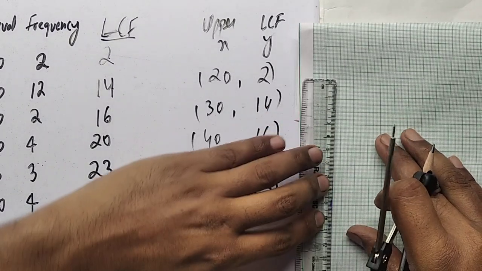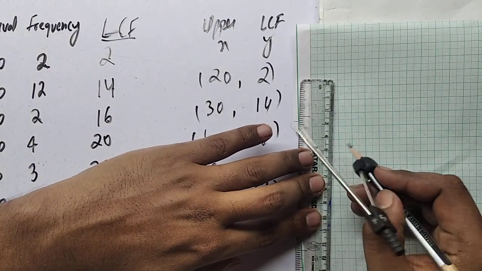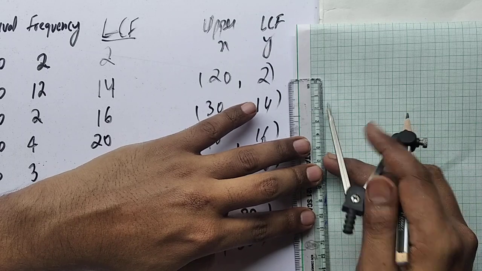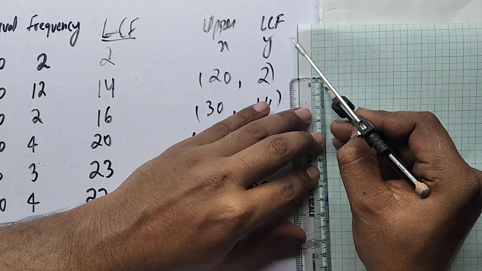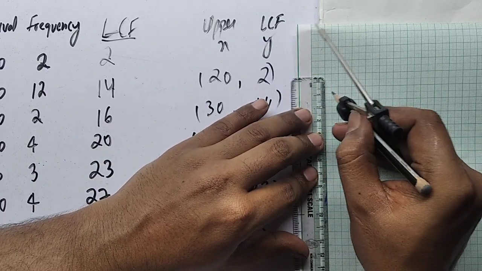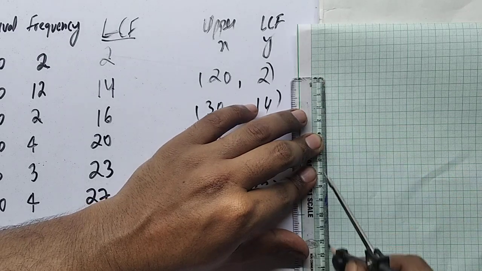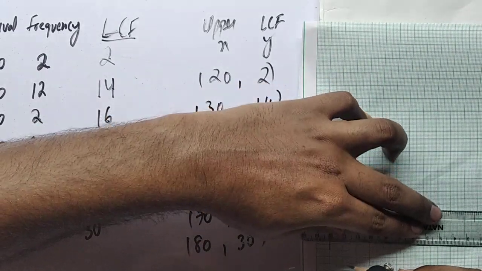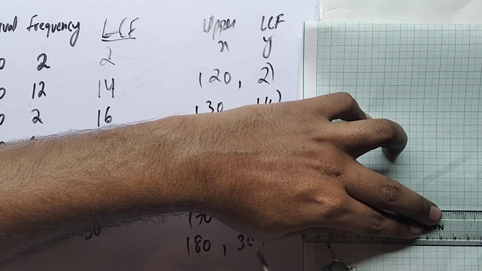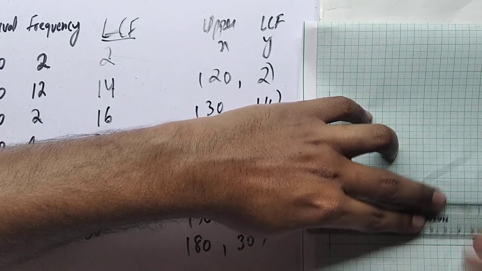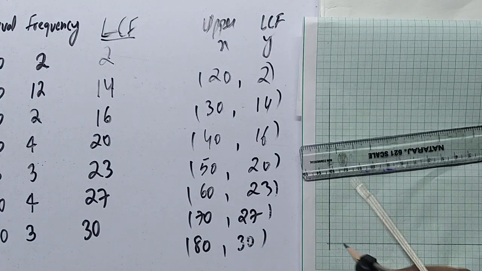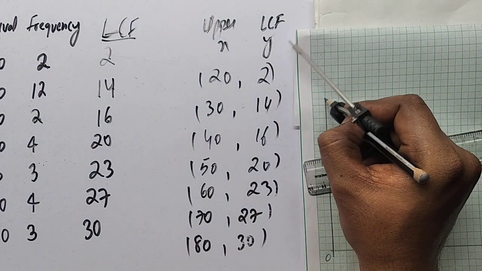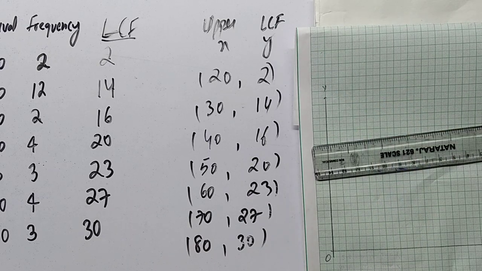I'm just drawing the y axis, and this one is the x axis. Next you have to make this point 0. This is your y axis, this is your x axis.